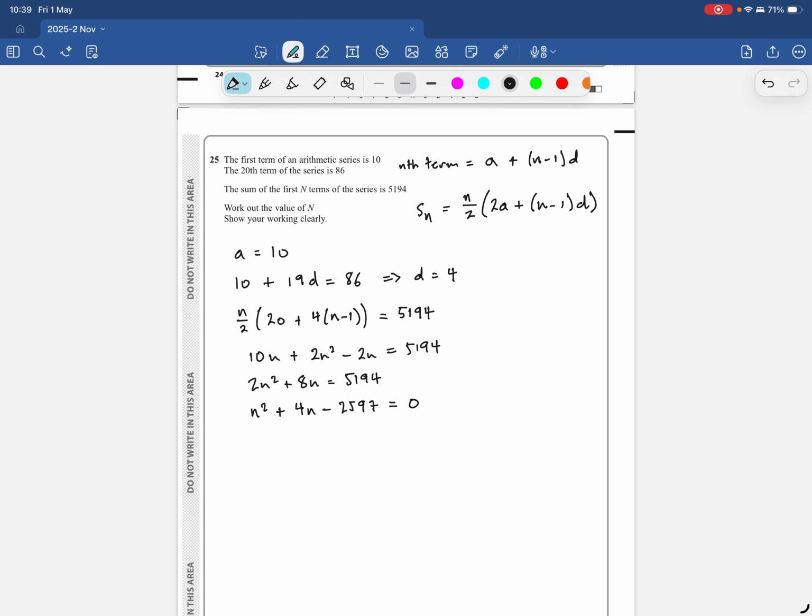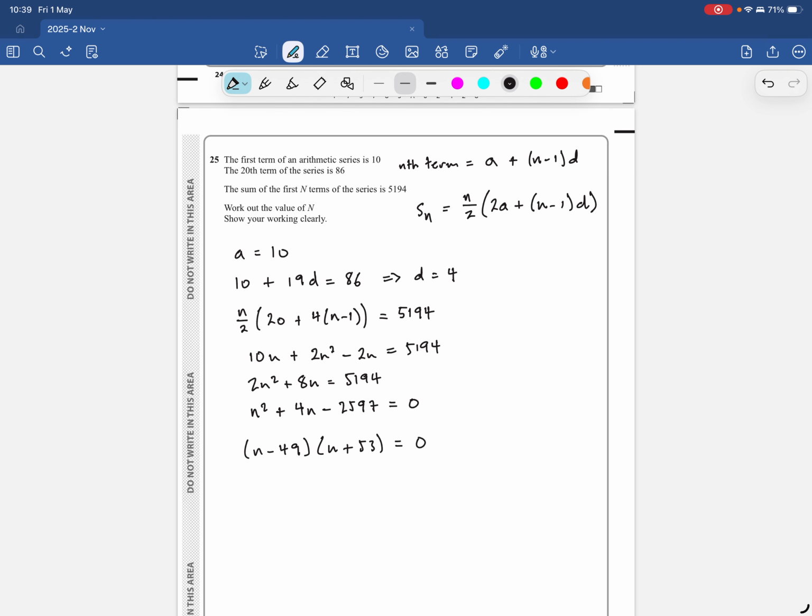Interestingly, looking at the mark scheme for this, there is a mark for showing the factored form, which is n minus 49, n plus 53 equals 0.